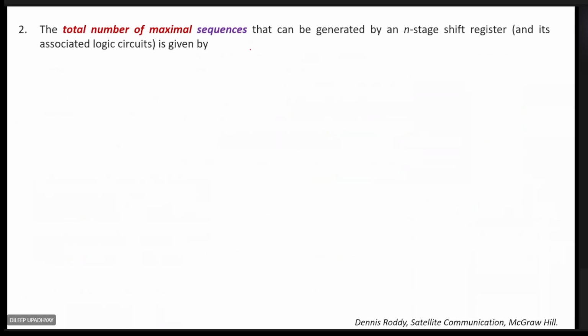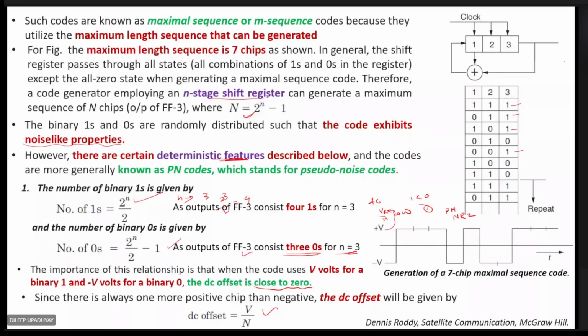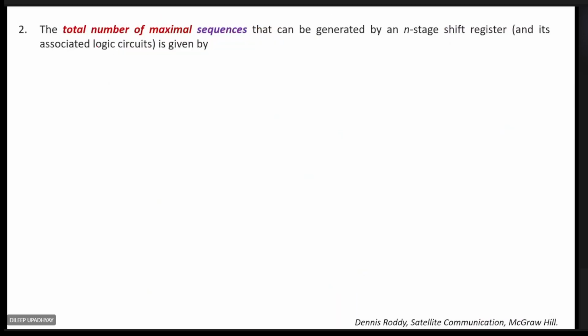Moving to the next property. Up to here I have already discussed, but I wanted to give you a recap of what I discussed last time. Now, the next property: the number of maximal sequences. What is the meaning of the total number of maximal sequences that can be generated by n-stage shift registers and its associated logic circuit?